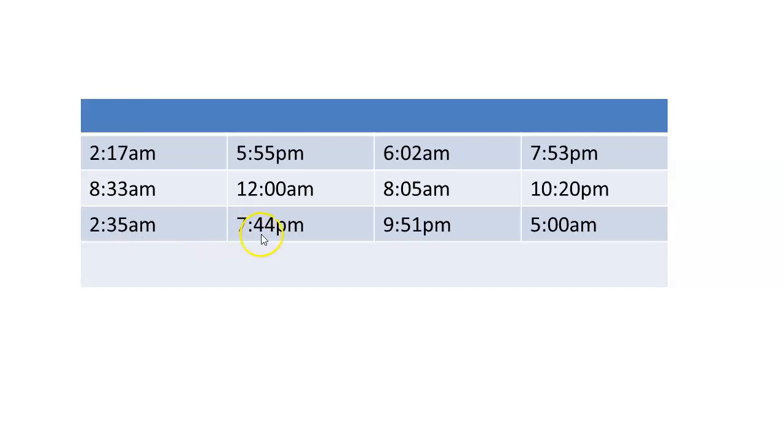Son las 7:44 de la noche. Son 16 para las 8 o son las 8 menos 16. Son las 9:51 de la noche. Son 9 para las 10 o son las 10 menos 9 de la noche. Son las 5 de la mañana.